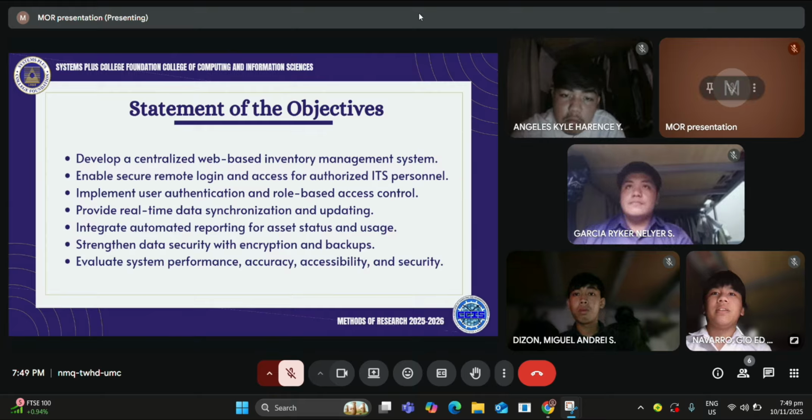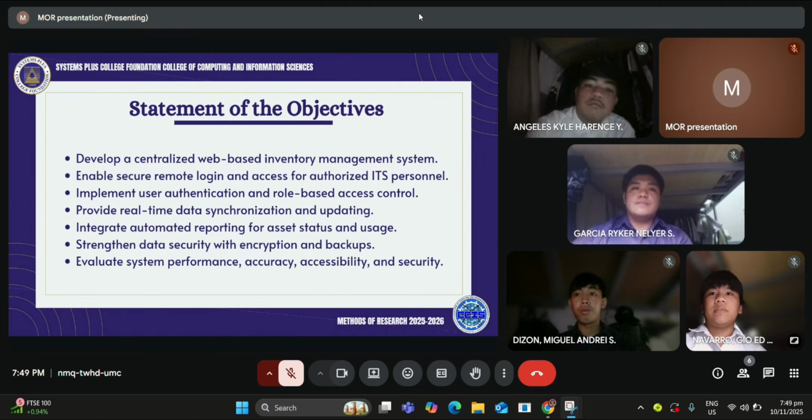Next, evaluate the system's performance in terms of accuracy, accessibility, security, and user satisfaction. Next.